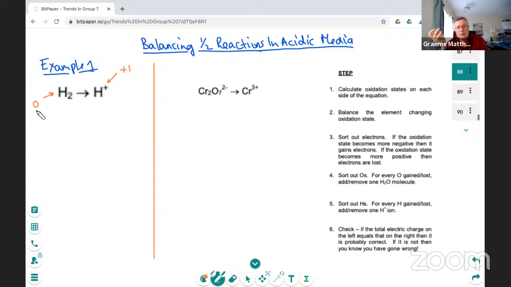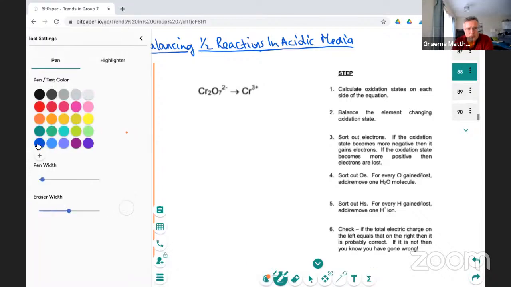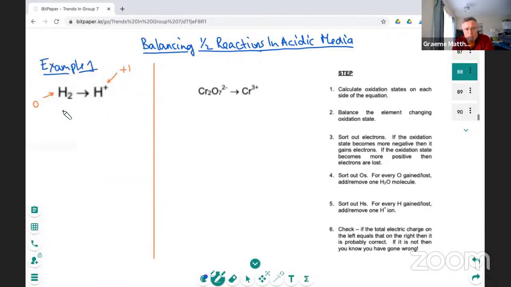And the natural state has an oxidation state of 0. So, in the very first bit, balance the element changing oxidation state. All right, we go with this one. Let's see, I'll do it here. Didn't like that dot. Move that dot, hold on a minute.